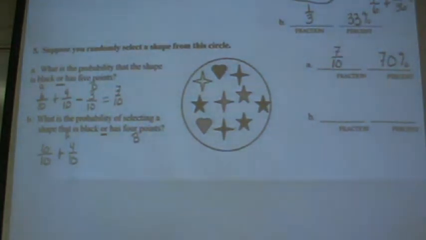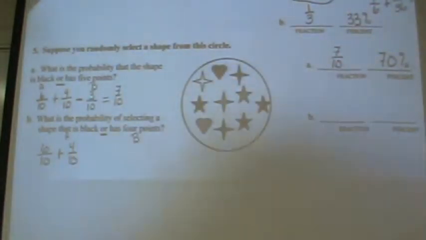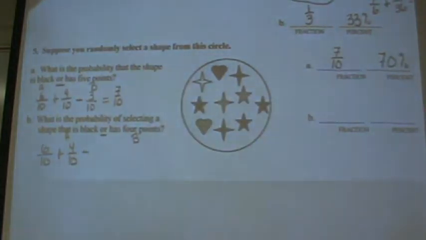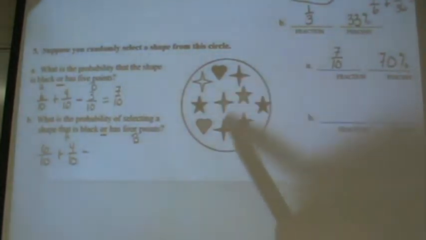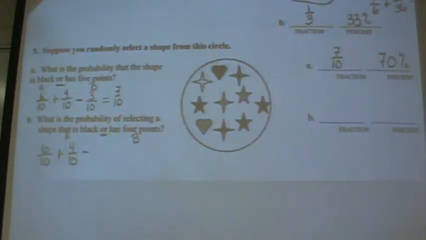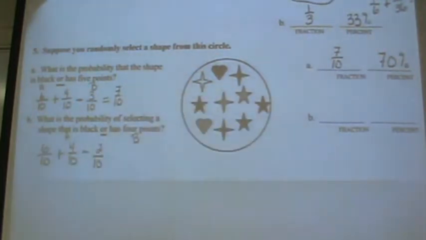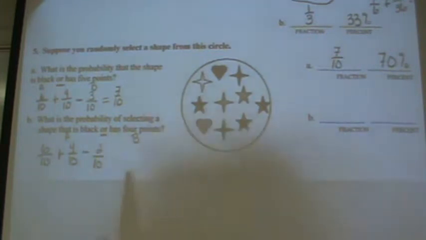Now, do we have shapes that are black and have 4 points? Yes. So this is again an inclusive problem, so we have to subtract the overlap. And we have 1, 2 shapes that are black and have 4 points. So we're subtracting 2 out of 10. Combining these fractions, we have 6 plus 4 is 10, minus the 2 is 8.